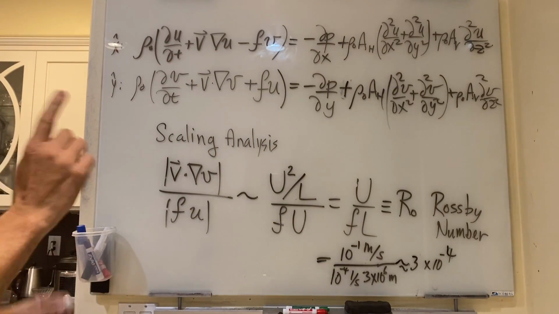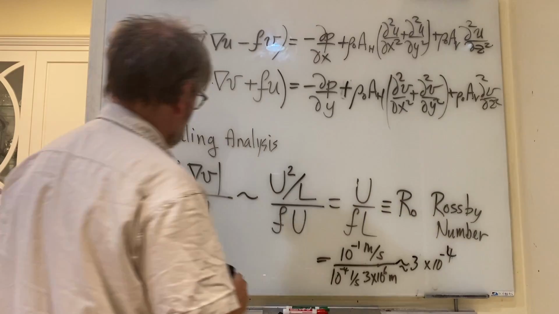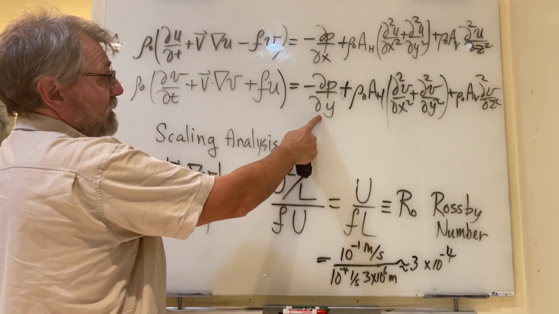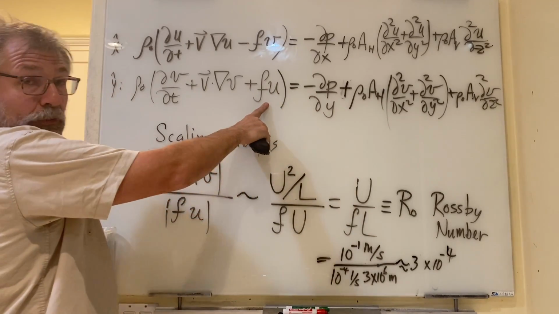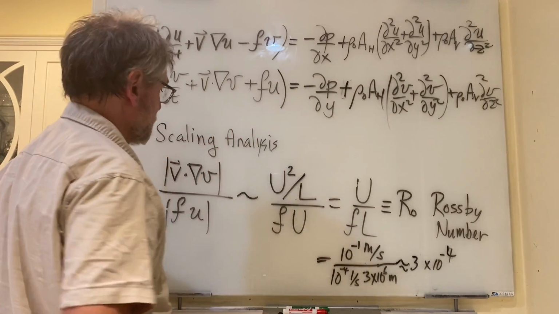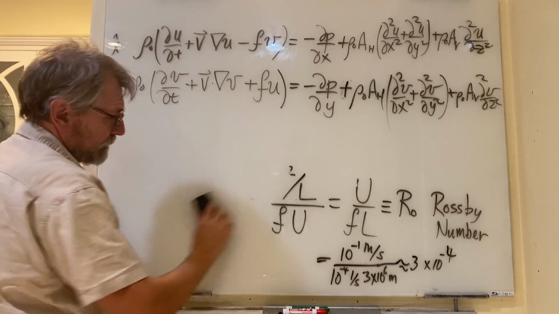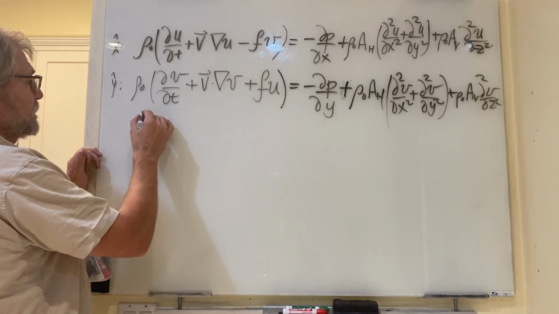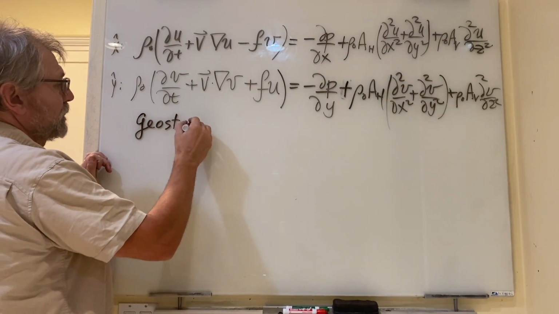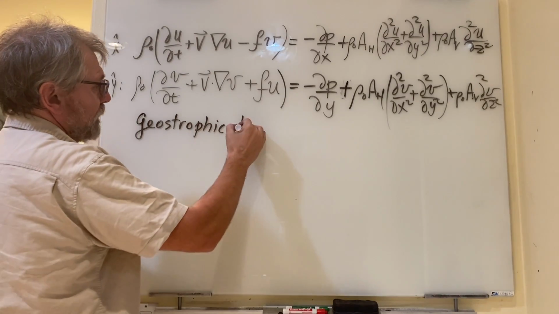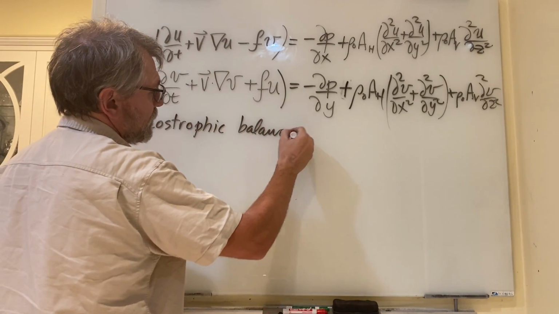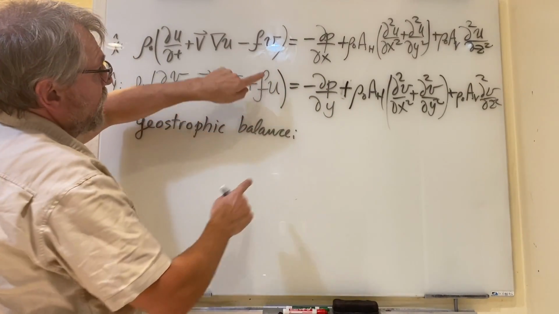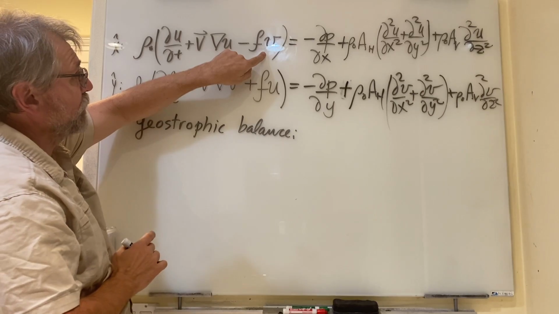And now the first balance we want to talk about is one called the geostrophic balance. And that one says that the pressure force, whatever it is, is balanced by the Coriolis force due to the geostrophic velocities. So if we do that, we have the following balance. So the geostrophic balance is the balance of this with this and this with that, where the Coriolis force is due to the geostrophic velocities.